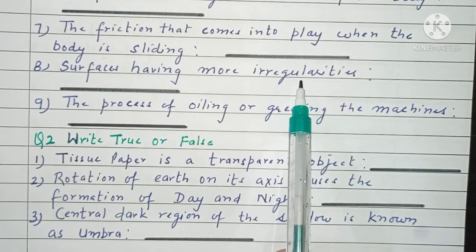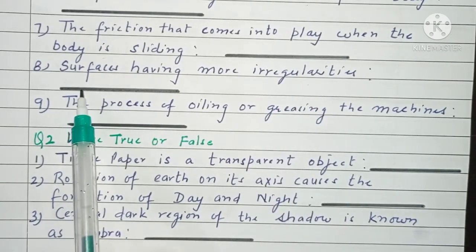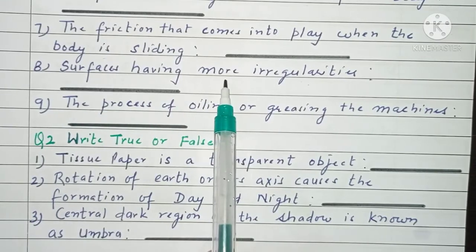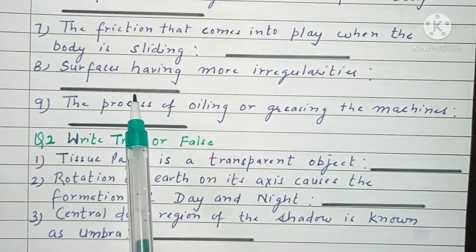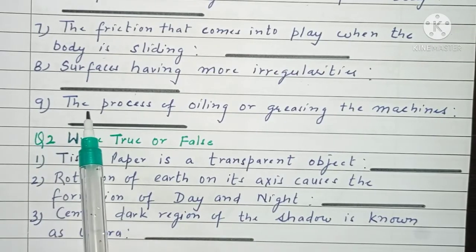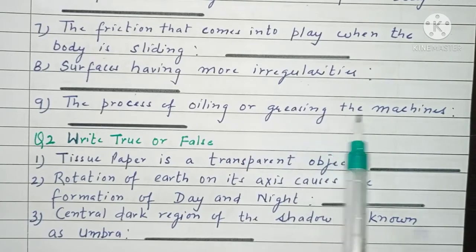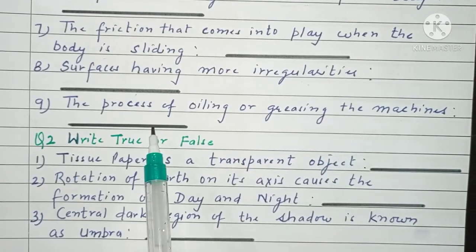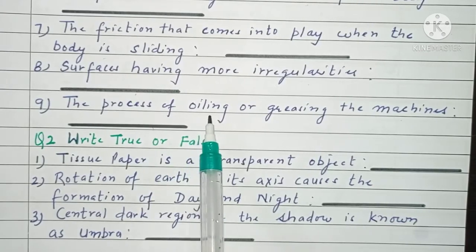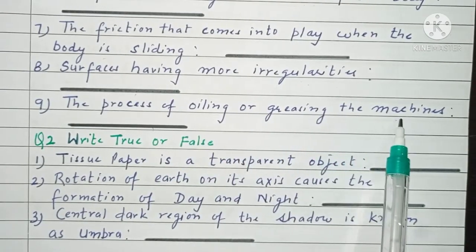The two types of surfaces are rough and smooth. The rough surface, which has more irregularities, is the cause of friction. Number 9, the process of oiling or greasing the machines. It is lubrication, which is the process of oiling or greasing the machines.